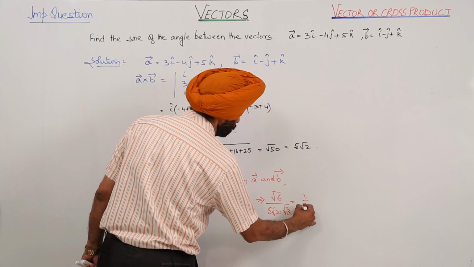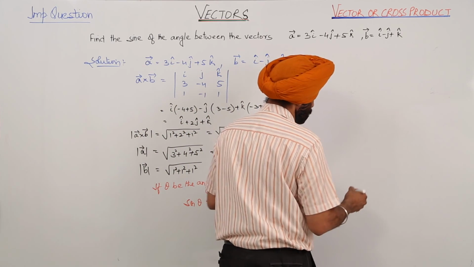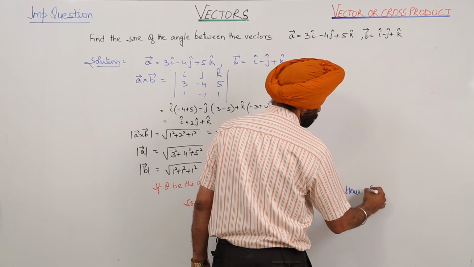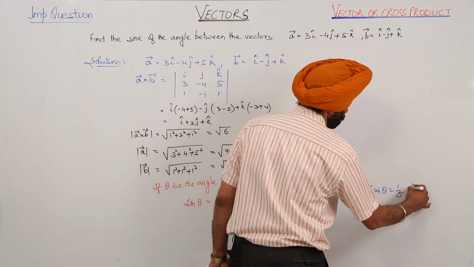This is 1 by 5. Hence, sin theta is equal to 1 by 5. Answer.